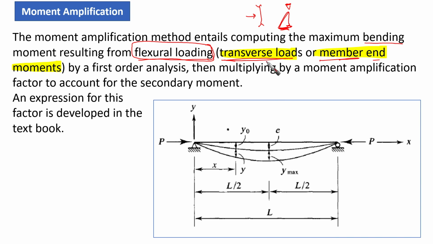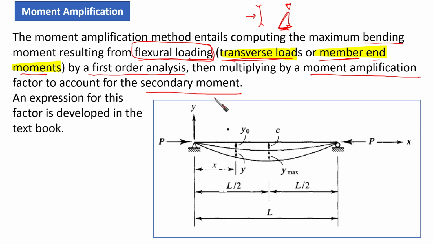Both of them are going to be considered. So any moment that we are going to have, whether flexural loading, transverse loads, or member end moments, by first order analysis, then multiplying by a moment amplification factor to account for the secondary moment.